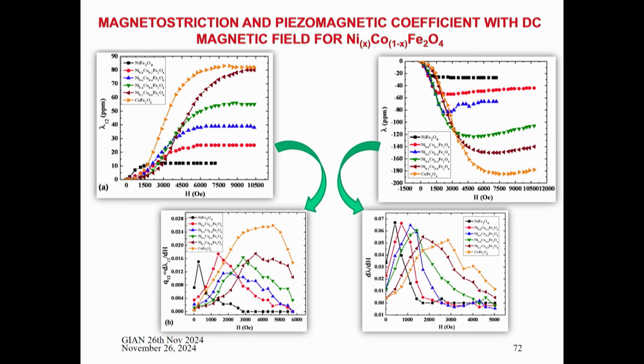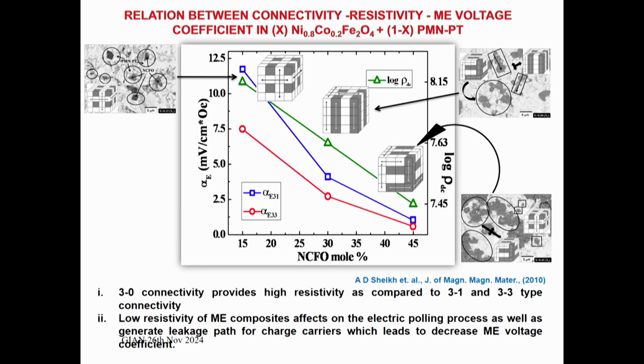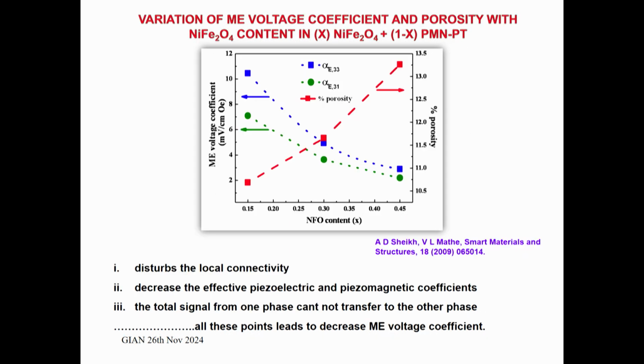So, this should be higher for better performance of the material. This is what is required, and this is the slide which gives an idea about the resistivity, the ME coefficient and connectivity. So, in a nutshell, the sample having 3-0 connectivity gives you better performance as far as these particular composites are concerned. Okay.